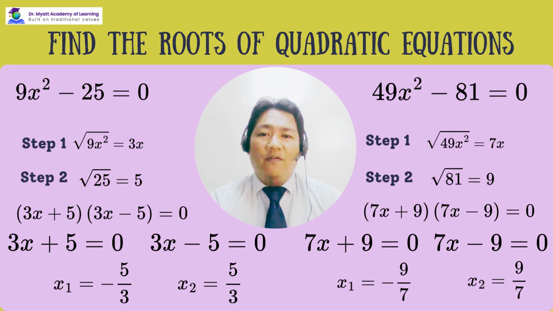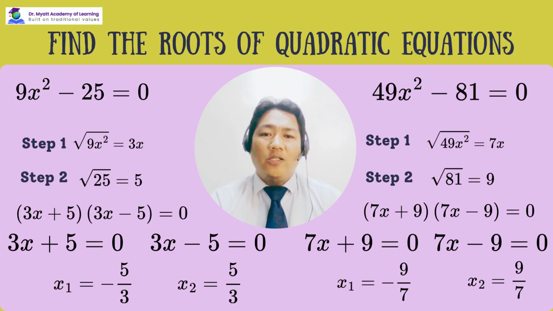The next example, 49x squared minus 81 equal to 0, is also an example of a difference of two squares. The first step, get the square root of 49x squared, which is equal to 7x. And the second step, get the square root of 81, which is equal to 9.